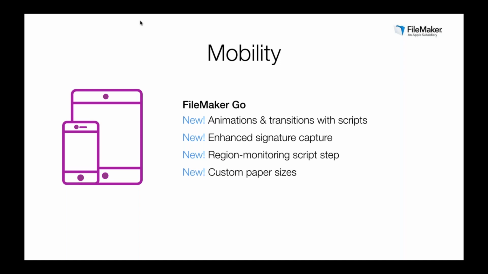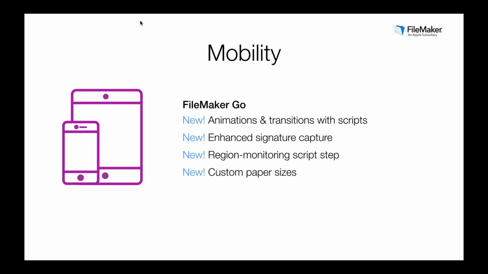So first of all, animations and transitions within scripts. These provide visual transitions to help orient users as they navigate through their solution and their custom apps on FileMaker Go, such as when you're switching to a new layout. We have all sorts of new animations. I would characterize this as making it look more like a native iOS app that people are accustomed to.